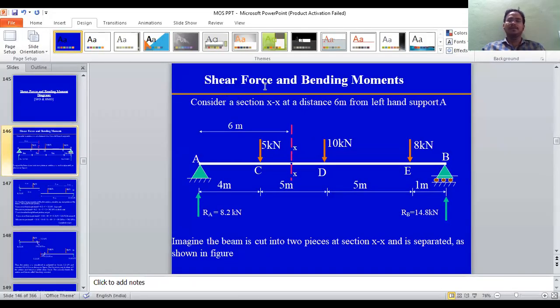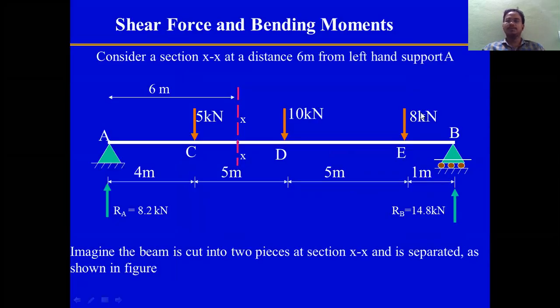Just now we were discussing the sign conventions, how the shear force is coming at the section.